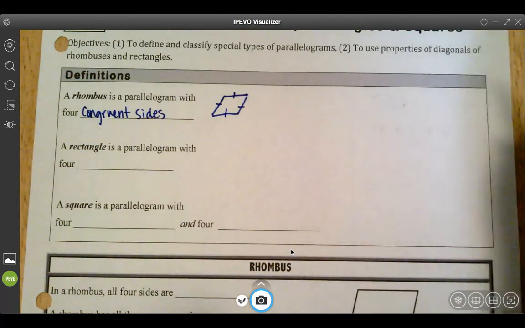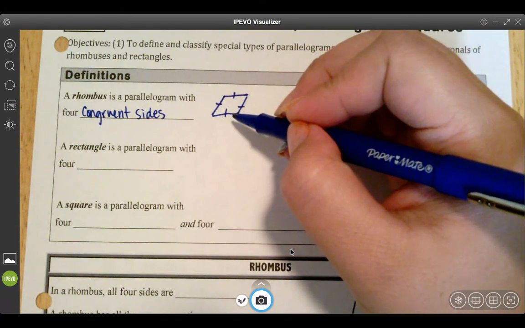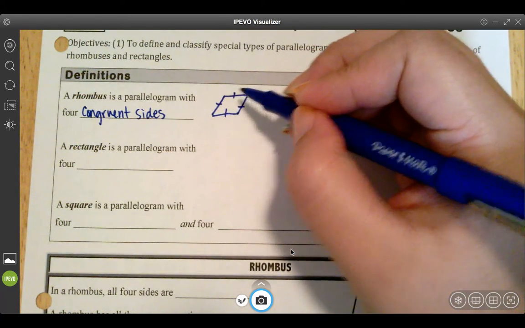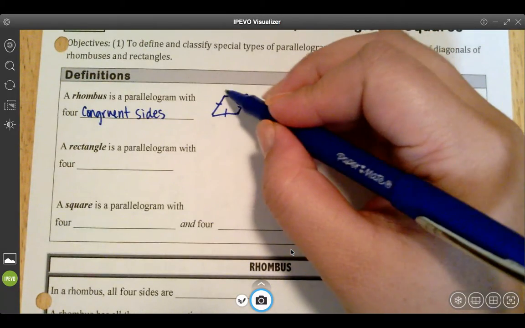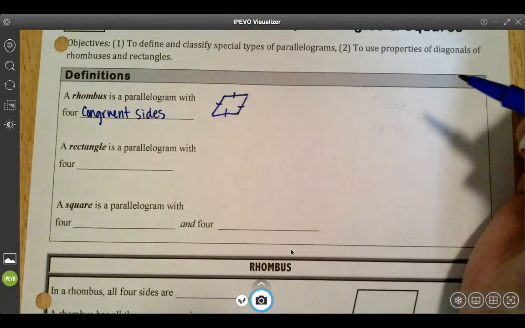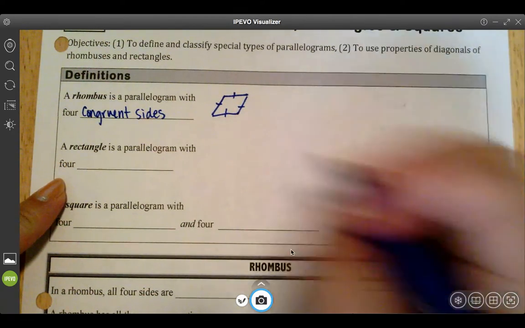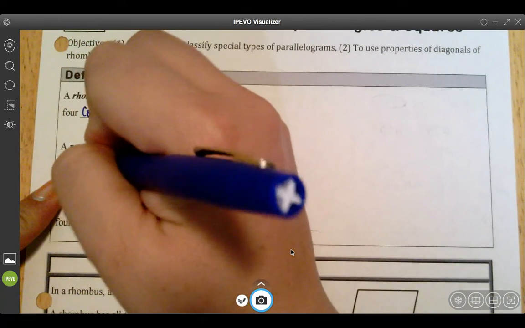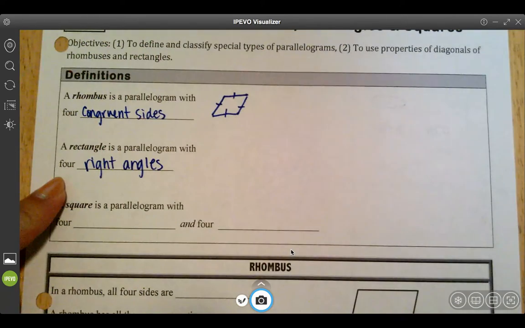It also has all of the properties of a parallelogram. So the opposite sides are parallel, opposite angles are congruent, consecutive angles are supplementary, and the diagonals are bisectors. A rectangle is a parallelogram with four right angles. Now, another way to define a rectangle is to say it's a parallelogram with one right angle.